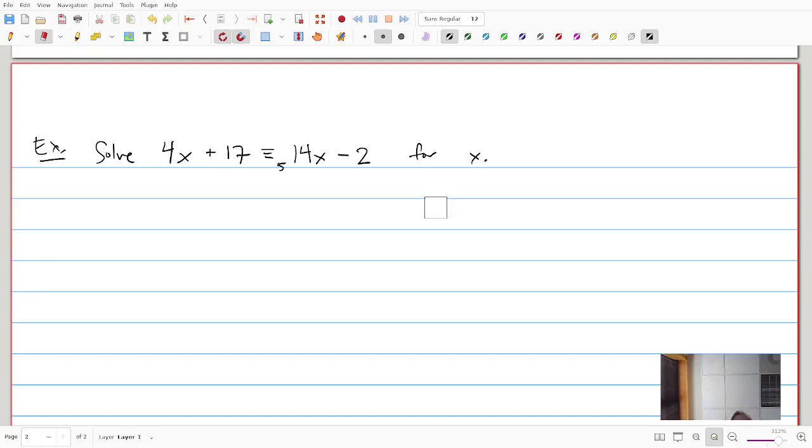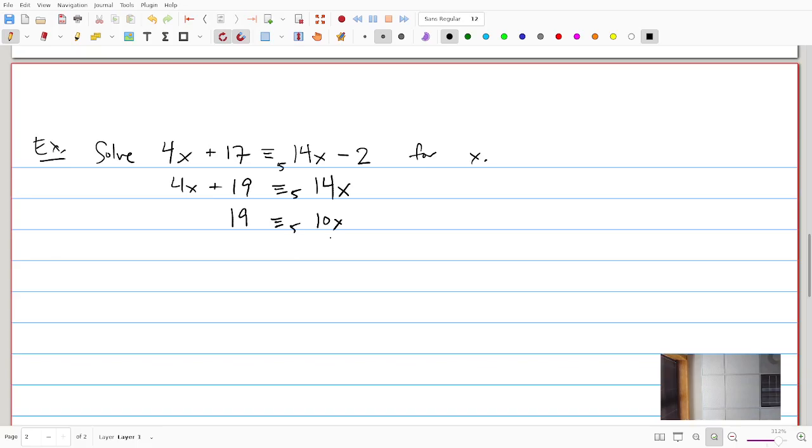What do you think? How should I start? Add 2 to both sides, sure, I like it. So this says 4x plus 19 equivalent modulo 5 to 14x. I'm certainly allowed to add the same thing to both sides. Okay. Now what? Subtract 4x from both sides. Okay. So 19 equivalent modulo 5 to 10x. Now what?